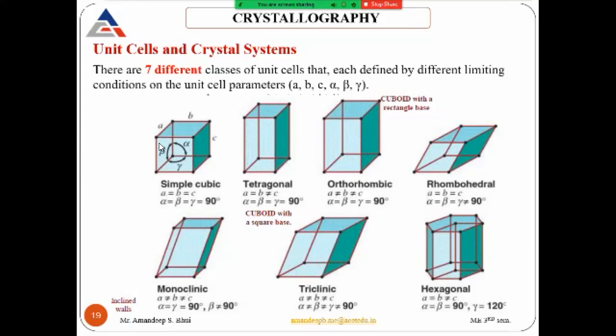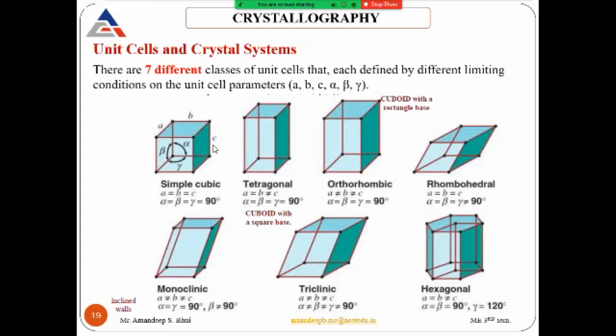Then comes your triclinic shape. In triclinic shape, all the sides are different in length, that is, a is not equal to b, not equal to c, and all the angles alpha, beta, gamma are not equal to each other and not equal to 90 degrees. So such type of shape is known as triclinic shape.